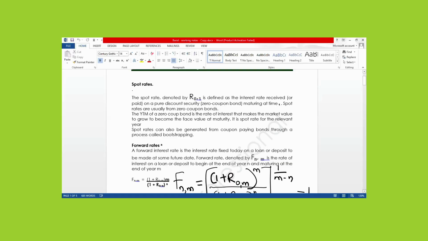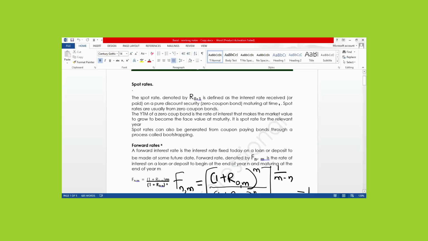The spot rate of a zero coupon bond is the yield to maturity of the bond. The yield to maturity of a zero coupon bond is that rate of interest.